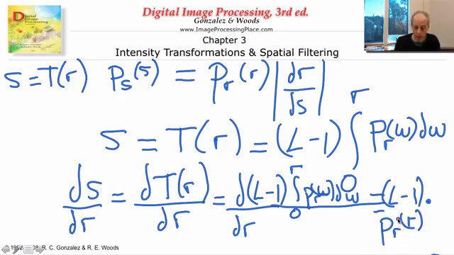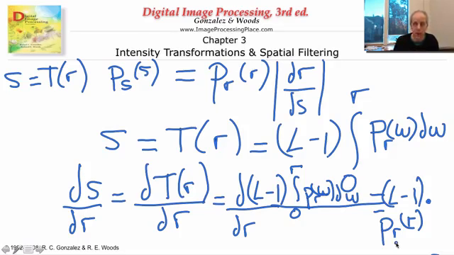Now what we are going to do, I'm going to erase this in a second, but what we are going to do is basically include this here and see what happens. So I'm going to plug this in here, but look what we have here. We have dr/ds, and I have here ds/dr. So we need to invert that. It would be 1 over this.